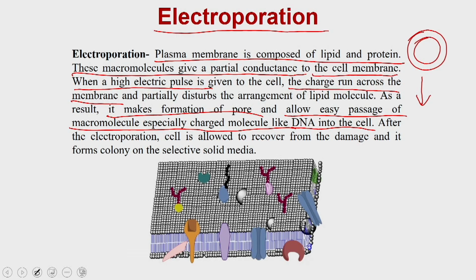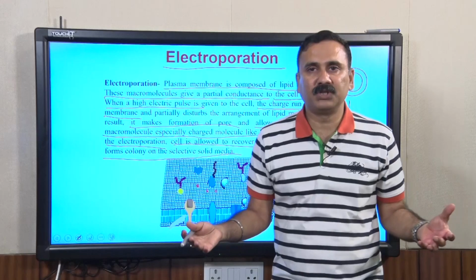So, you can imagine that some pores are going to be formed, and those pores are good enough for the entry of the DNA, especially the charged particles. And after the electroporation, the cell is allowed to recover from the damage, and it will form colonies simply like what we have discussed in the case of transformations.